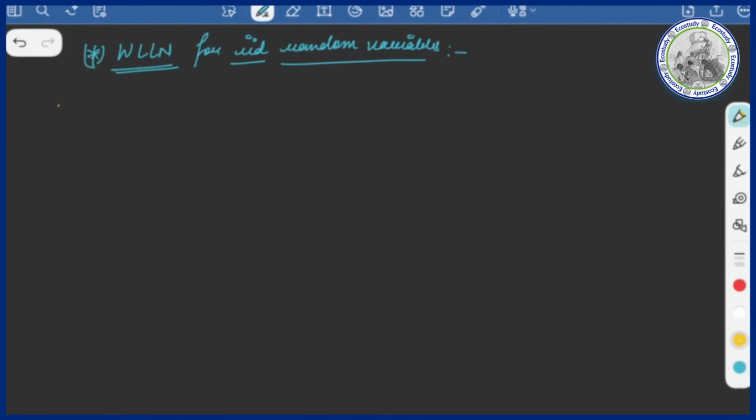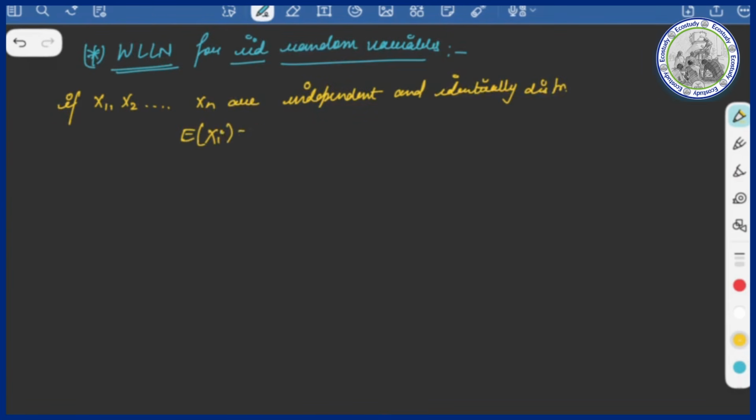If X1, X2, ..., Xn are independent and identically distributed, and expectation of Xi is equal to mu and variance of Xi is equal to sigma square for all i equal to 1 to n, then Bn is what?